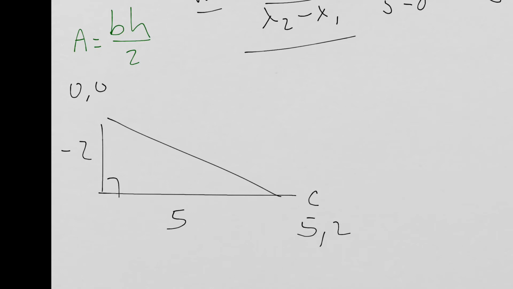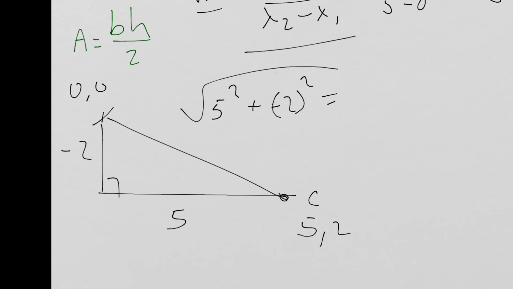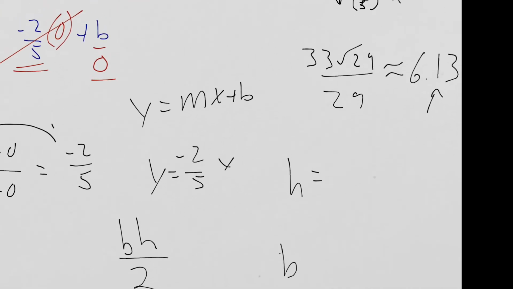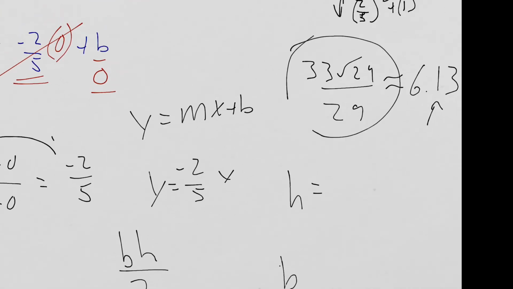To find the distance between this point and this point, it's just Pythagorean's theorem. So 5 squared plus negative 2 squared, and then I'm going to take the square root of that. So it's the square root of 29. That's what it's going to be. And now what do we have up here? This is what we had from before.